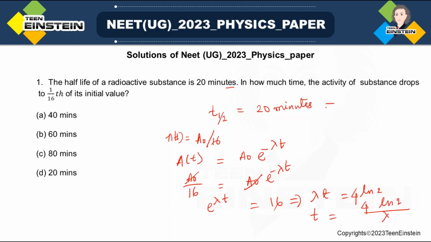Now T half is given, and the relation between T half and lambda is ln 2 by lambda is T half. So this value of lambda we can replace as ln 2 by 20 minutes. With this, look how it goes.